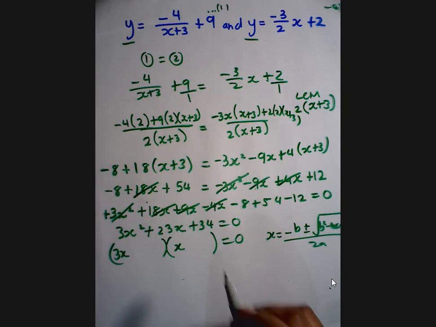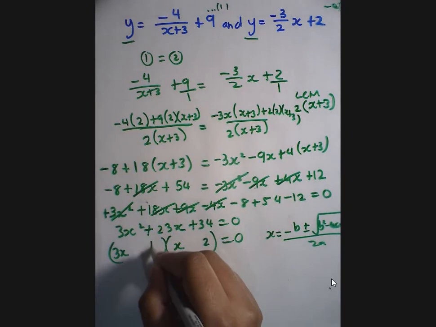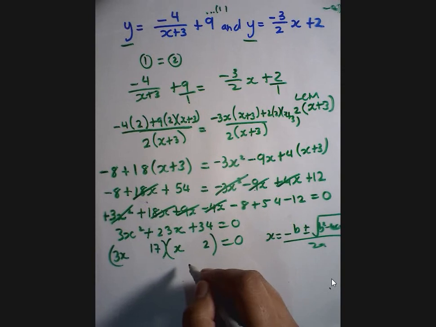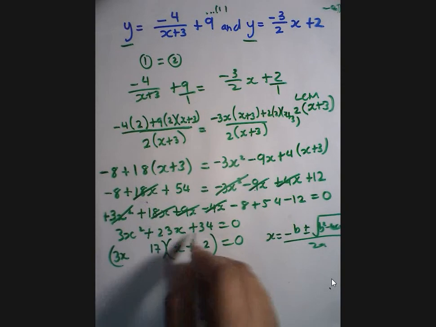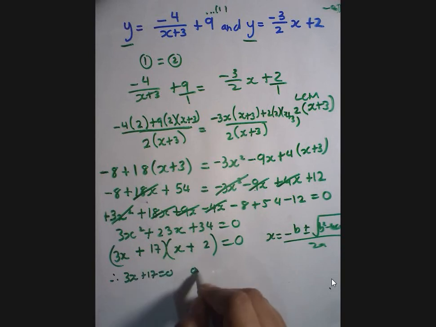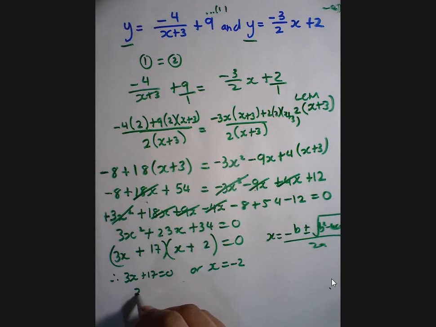If I put the 2 here, it could work. So 2 and 17. All of them have to become positive because all of them are positive. And therefore 3x plus 17 is equal to 0, or x is equal to minus 2. So here x is equal to minus 17 over 3.